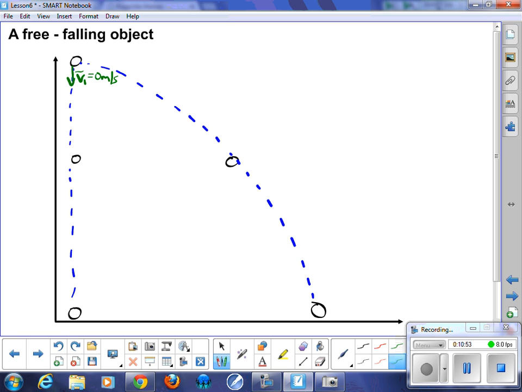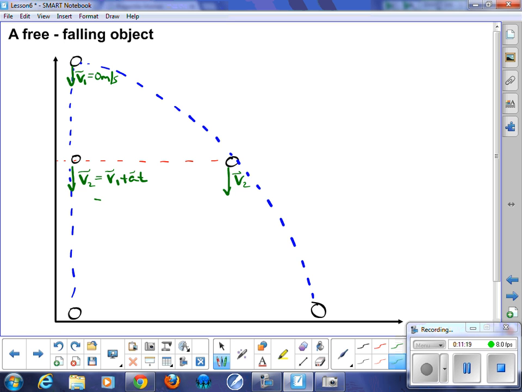When it gets to this stage here, horizontally, our new V, I'm going to call it V2, and same thing here, V2. So I'm working on the same elevation. If I draw a line across with the same elevation, what would V2 equal? Well, if we use our motion formulas, V2 equals V1 plus at.